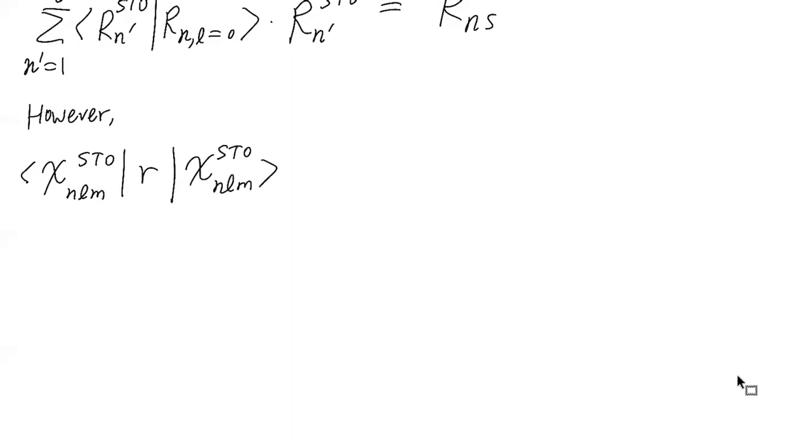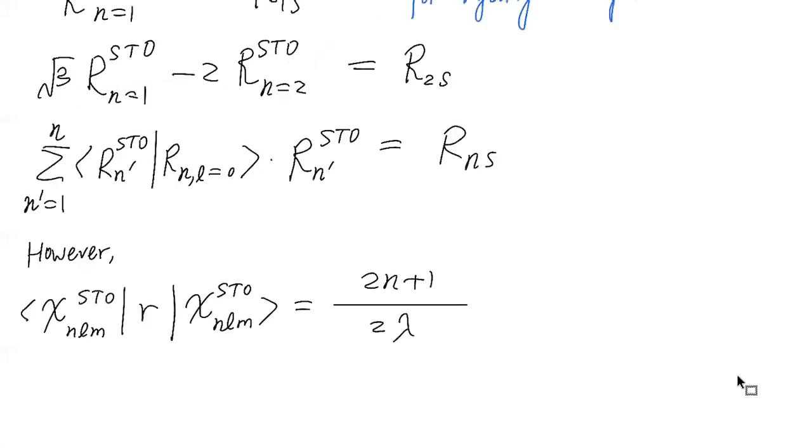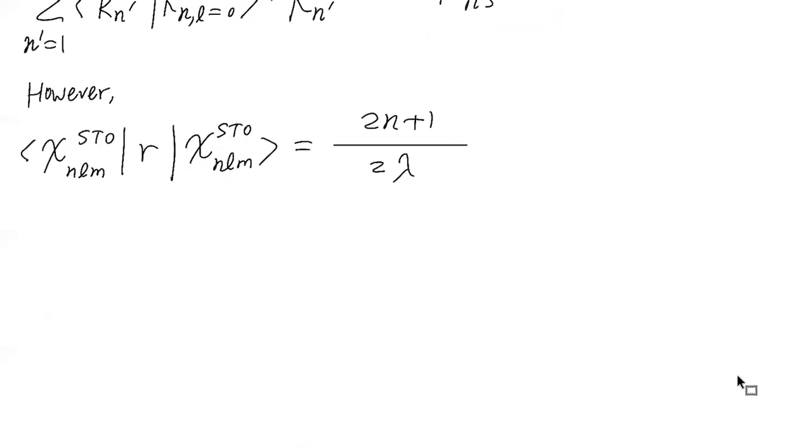This is the expectation value. Well, you just evaluate the integral. It turns out this is equal to (2m+1)/(2λ). Here we set λ equal to Z over n, as in the case of a hydrogenic system.